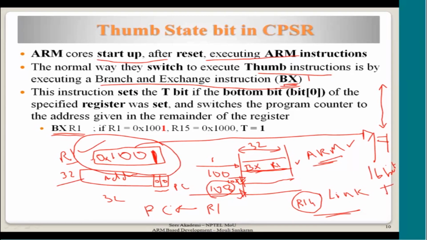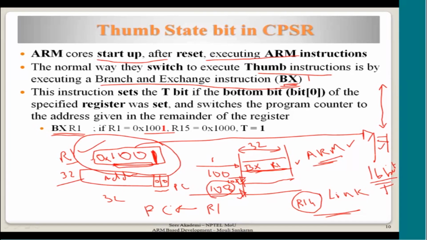Those instructions are encoded as 16-bit instructions. We are informing the processor, by executing this instruction with R1 having this content, that when you go to the new address in R1, please interpret the instructions as 16-bit.